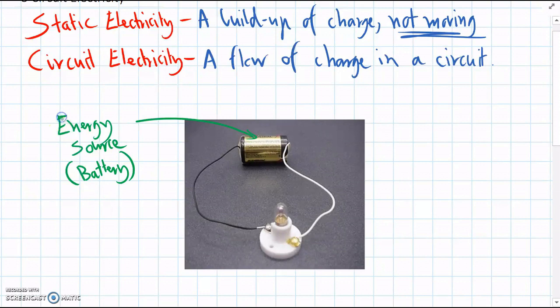But you can use other things as energy sources. You could use a solar panel, you could use a generator that's powered by petrol, anything that can create electrical energy. You also need wires to connect the whole circuit together.